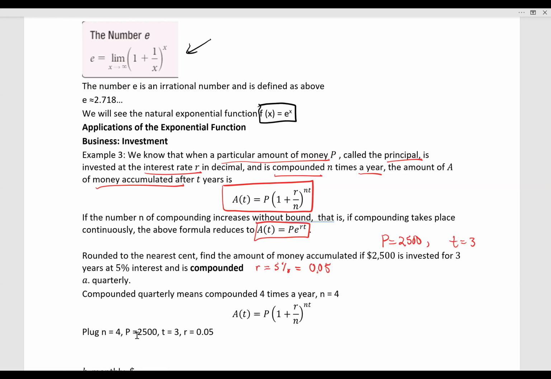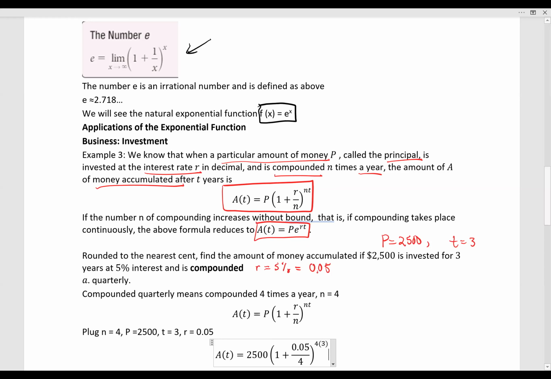So I have P equal to 2,500, r equal to 0.05, n is 4, and this exponent is 4 multiplied by 3.